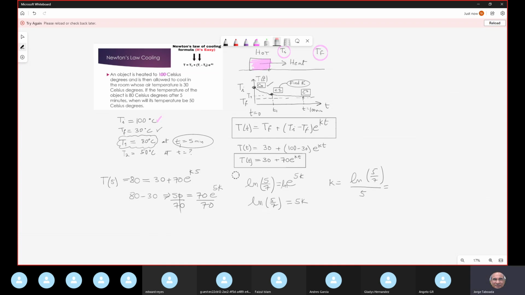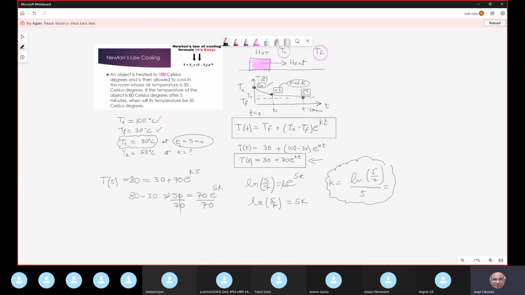However, remember, we have temperature 2 for condition 2, and temperature 2 is 50 degrees Celsius. Now I need to find how long, what is the time in which the object has a 50 degree temperature. So now I come back to the famous equation, under the supposition that I have a K in my hand.